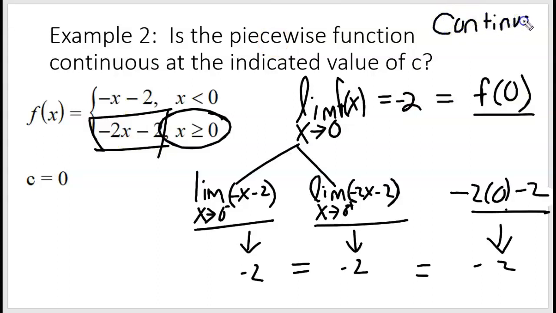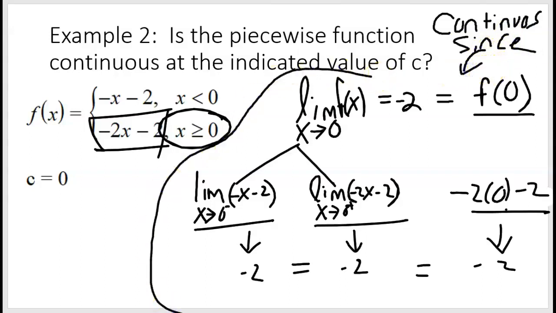And our reason would be everything that we wrote. So on an FRQ, they would want to see all this stuff. The answer is continuous. Now, they'll give you the point, but they'll only give you the point if you actually give the reason. So you have to show that you found the limit from the left and right to prove that the limit exists and what the limit is.